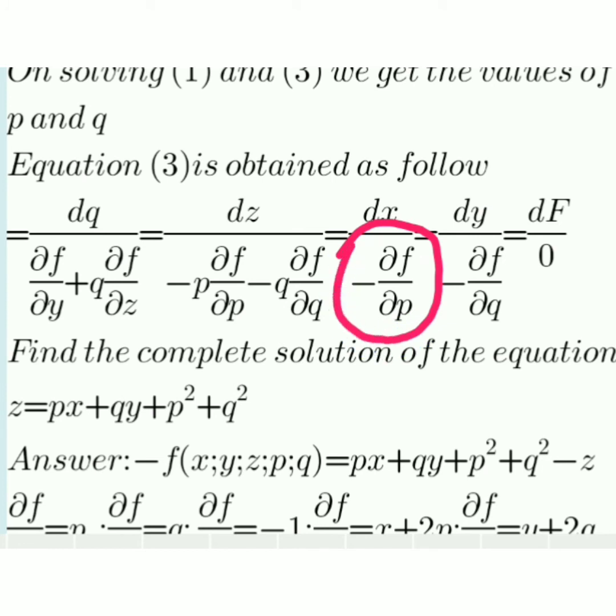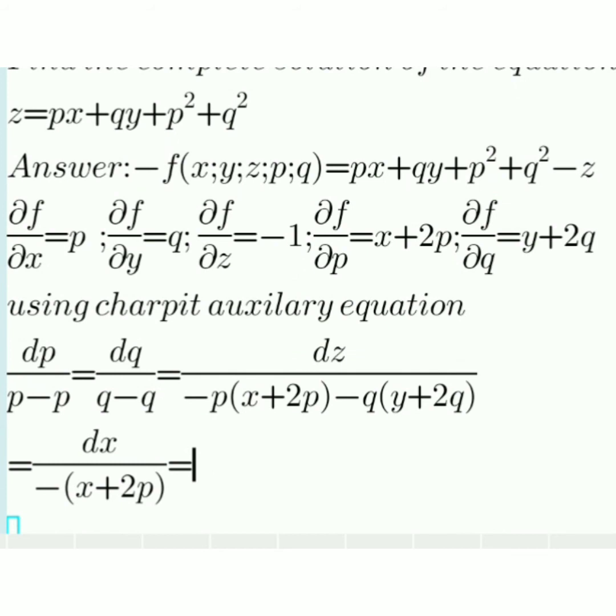The del f by del p value is equal to x plus 2p. Very simple, very easy, but you need to remember this formula. It is not so tough; if you analyze this formula, you can remember it easily.